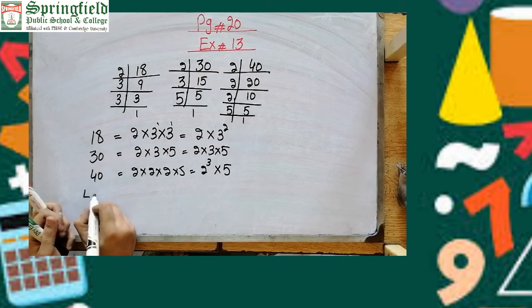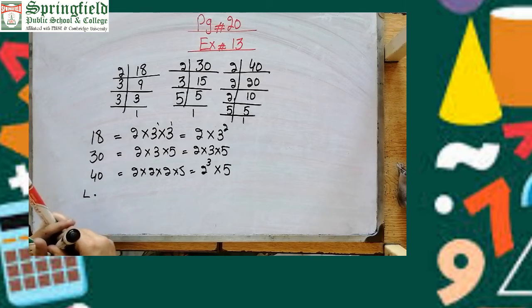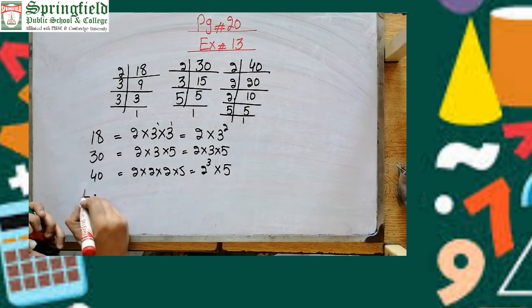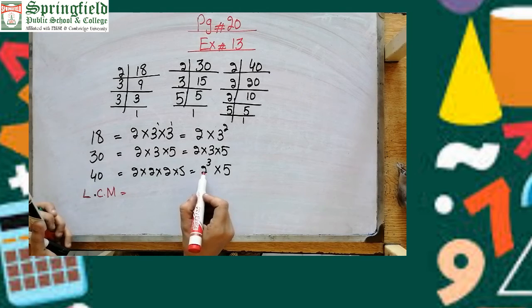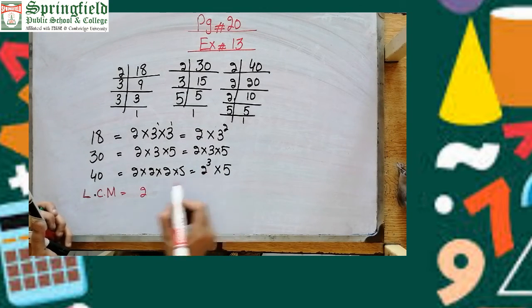So what will be the LCM now? As we already know the formula of LCM: common factors with highest power multiply non-common factors with highest power. So 2 is the common and the highest power is 2 power 3.